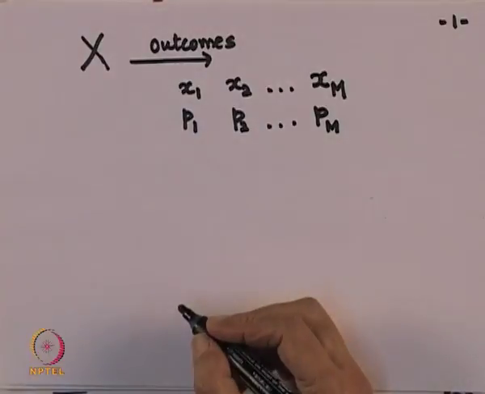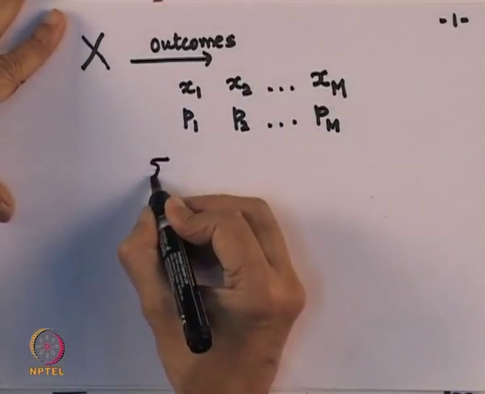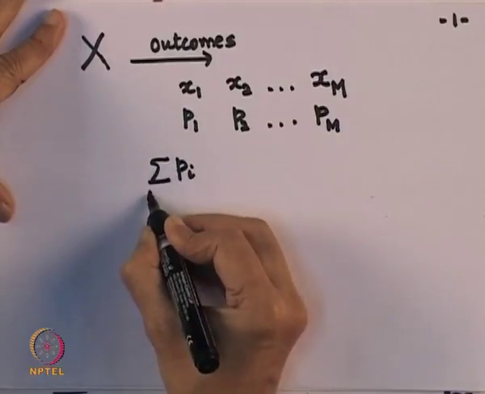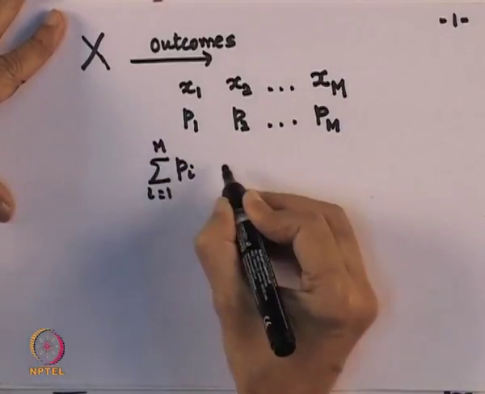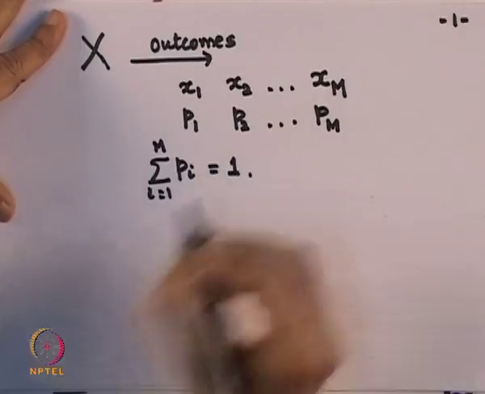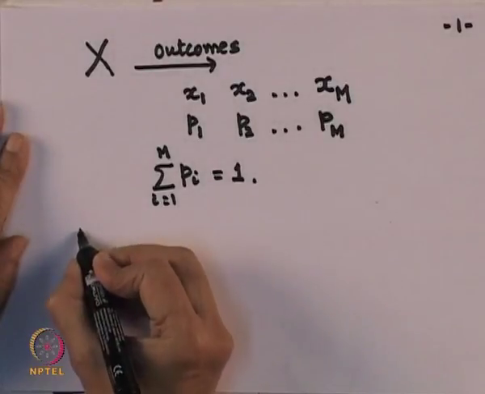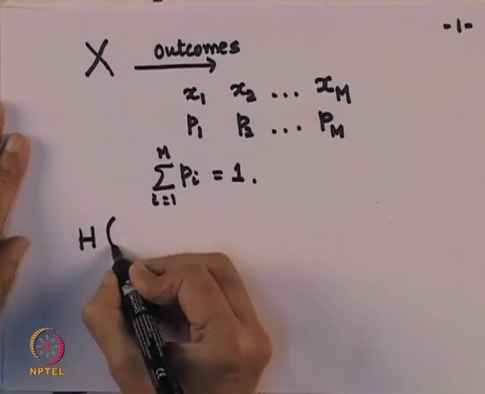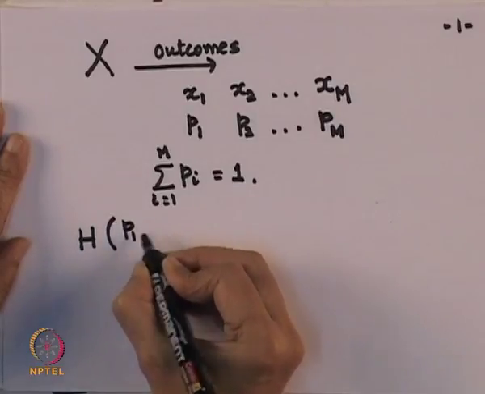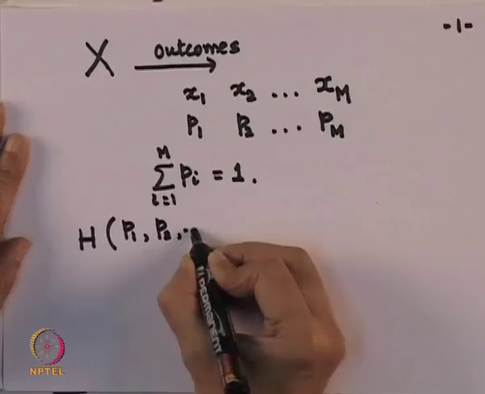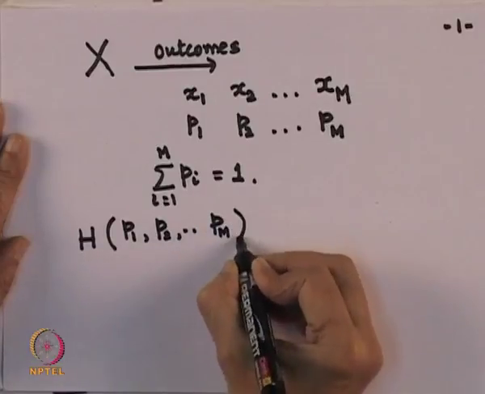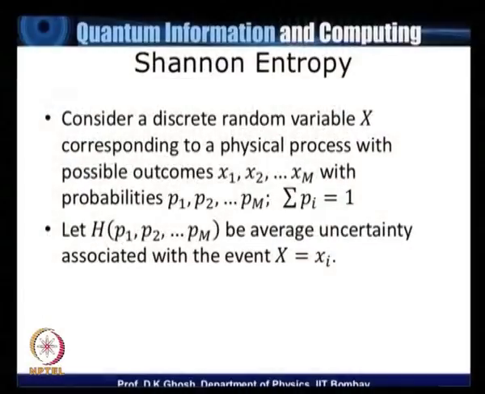Since the total probability is 1, I have the sum over i, pi, i equal to 1 to m, is equal to 1. Now let us define a function which I will represent by H, and say it's a function of the probabilities p1, p2, up to pm, and this is the average uncertainty associated with an event X equal to xi.